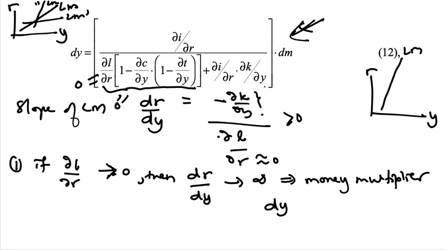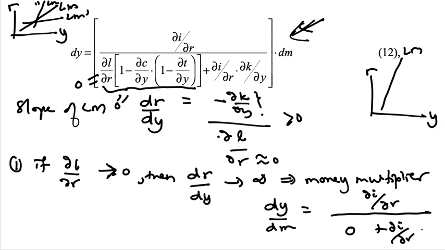Okay, if I cross multiply here dm, then I have delta I over delta R over 0 plus d delta I over delta R times delta K over delta Y. So what happens here when one of the value on the denominator becomes 0? The whole value increases, mathematically speaking, isn't it? And the whole value increases. That means the money multiplier becomes bigger or larger.